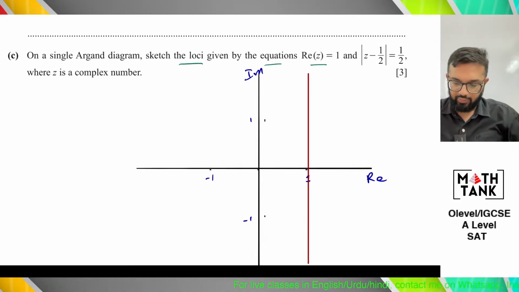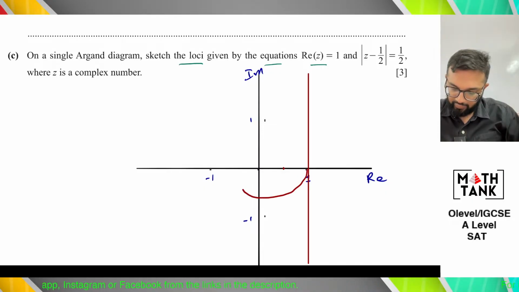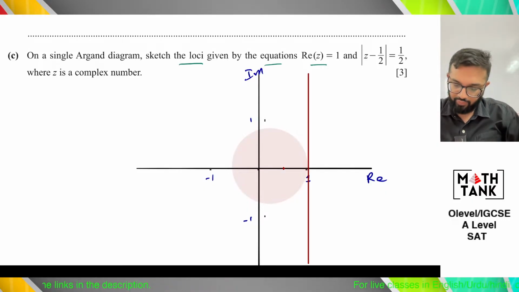Okay, and then modulus of z minus half equals half is a circle with center half on the real axis. So that's half on the real axis, let's say. And I want to draw a circle that goes up to half. Maybe that's what the circle looks like. Sorry, my bad.